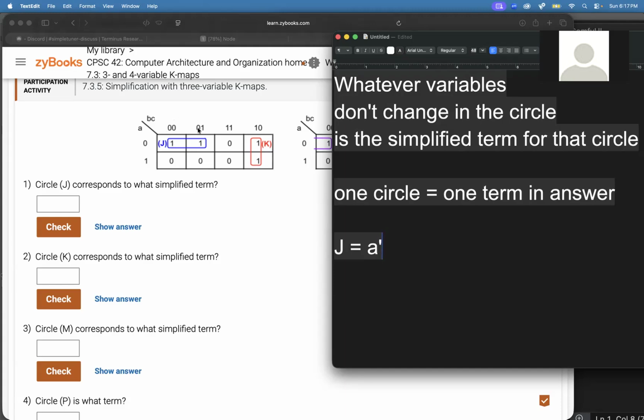B is 0, B is 0, so that's not B. The C is 0, then 1, so C changes. So what doesn't change? Not A, not B.